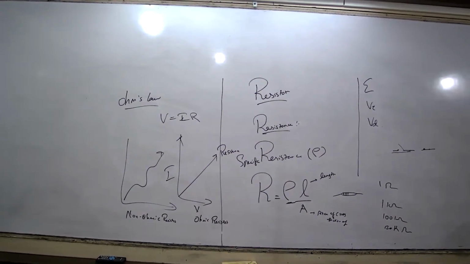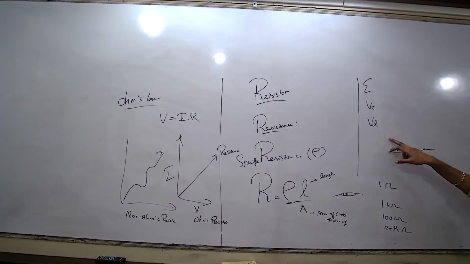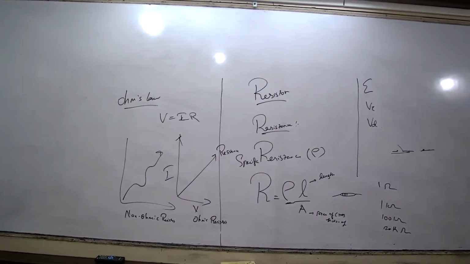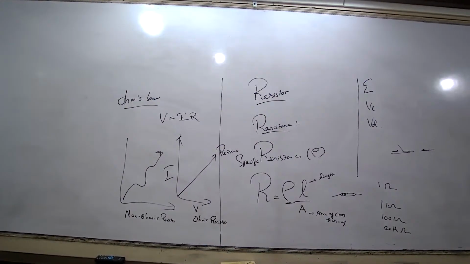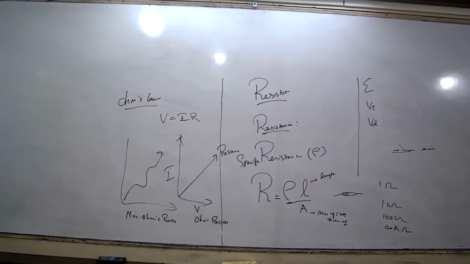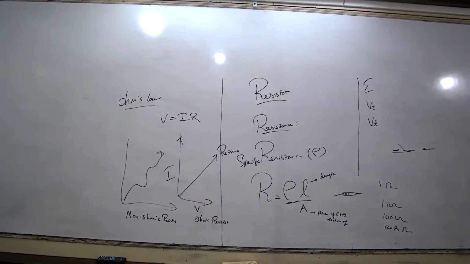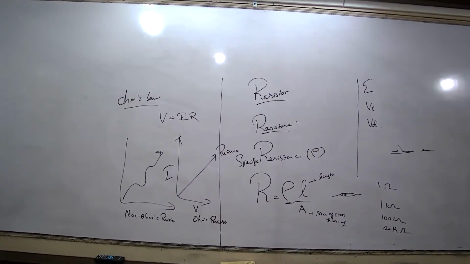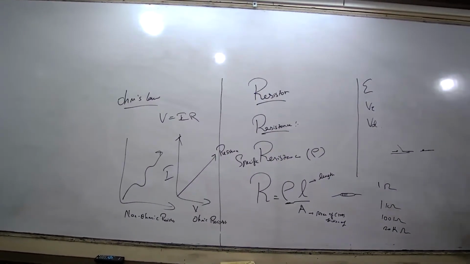When it is closed, we get the terminal voltage. Voltage drop is nothing but the reduction in voltage when the current passes. It is determined by the voltage drop.